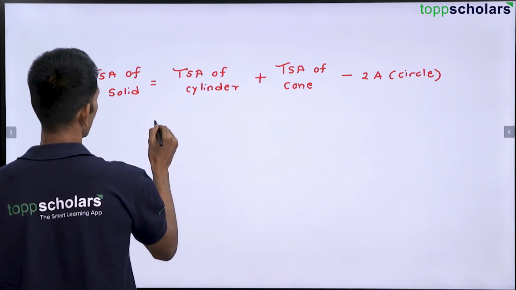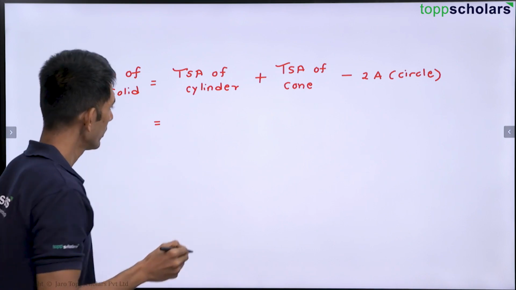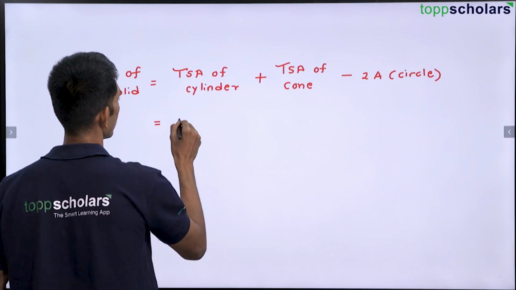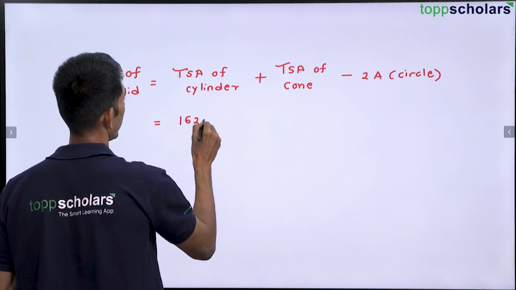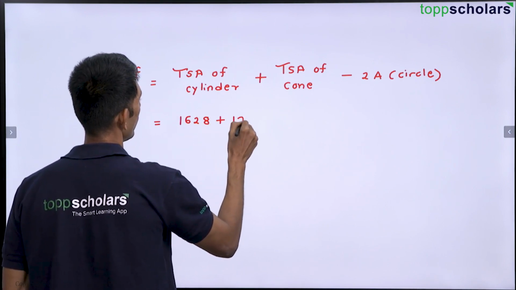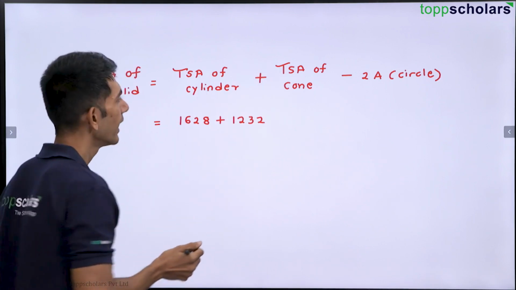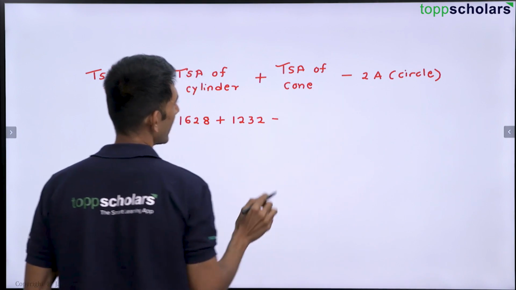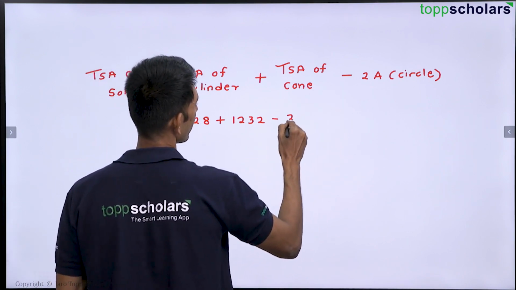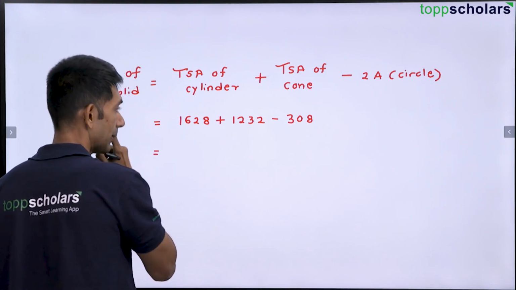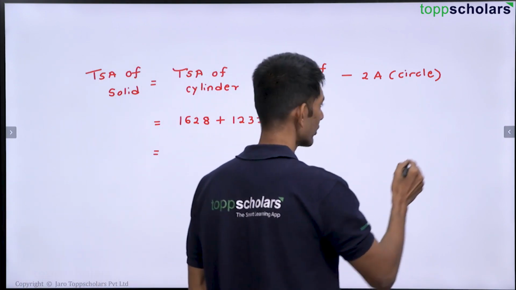So that is equal to the total surface area of the cylinder we got, 1628, plus 1232, which is the total surface area of the cone, and you subtract 2 times the area of the circle, that is 308, correct? Let's solve this.